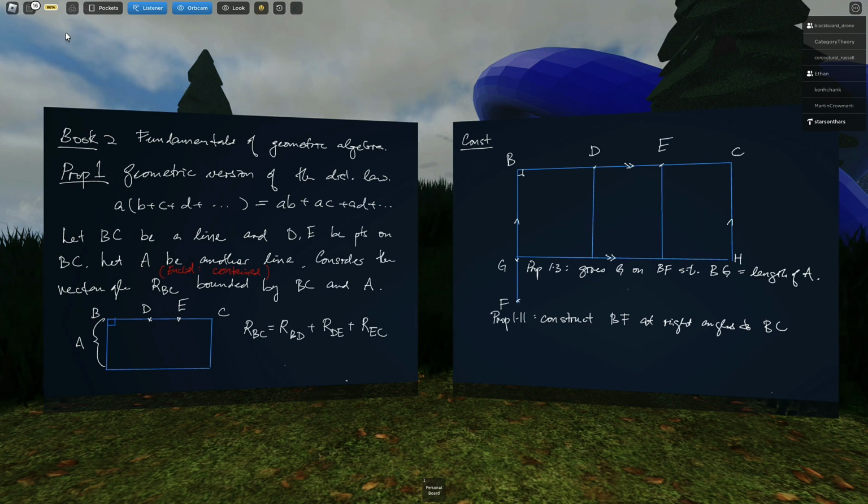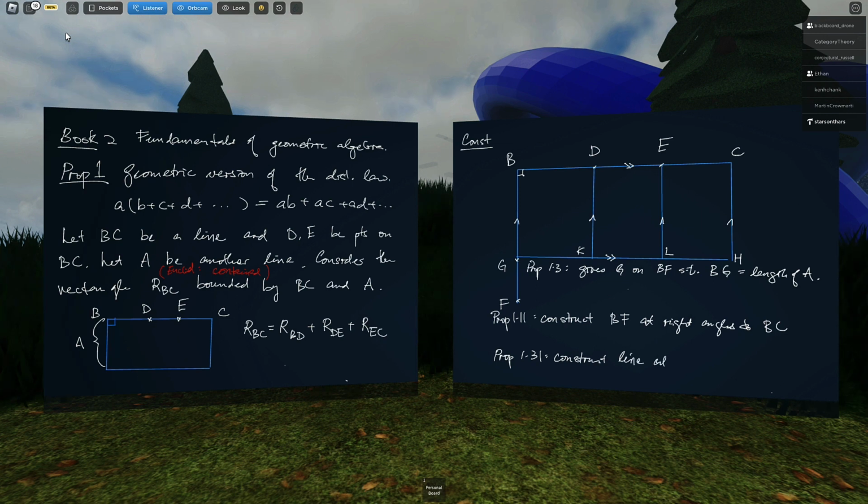Parallel lines here and here, and they're going to intersect the line GH at K and L. And the note down here is that proposition 1.31 constructs a line at a given point parallel to another line.